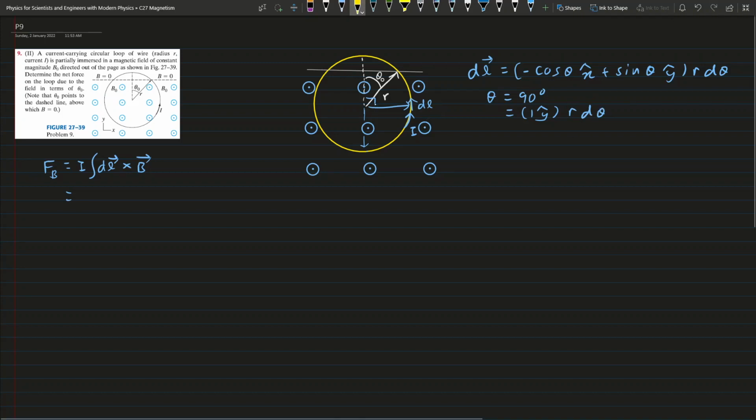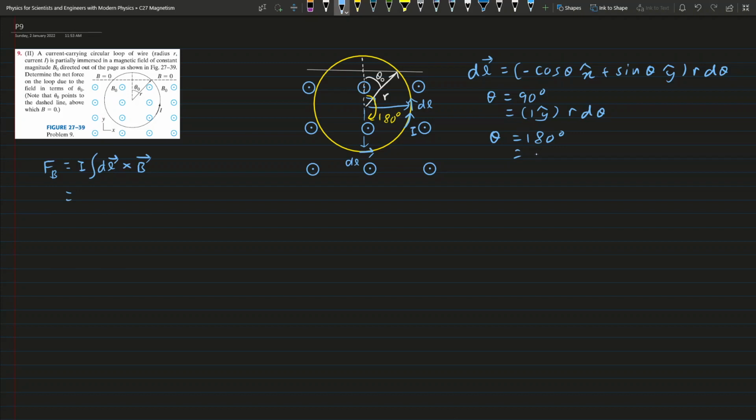You also can take 180 degrees. In this case, you can see this infinitesimal dl is given by the positive x. So we do the same. We substitute 180 inside this formula.